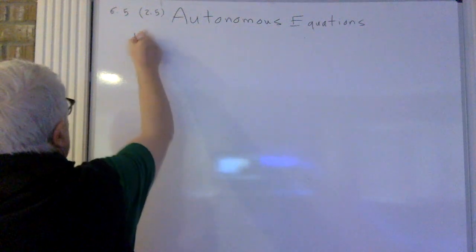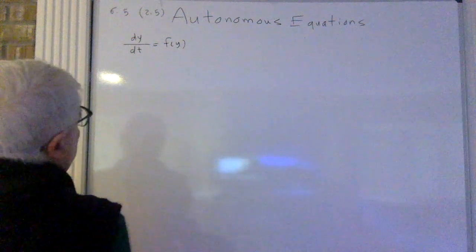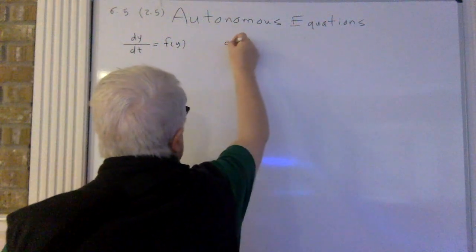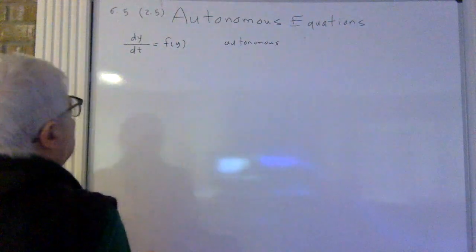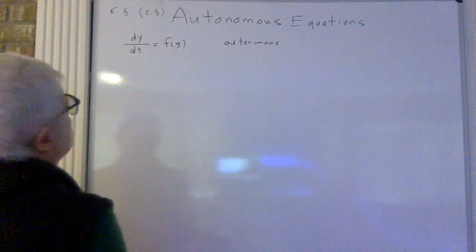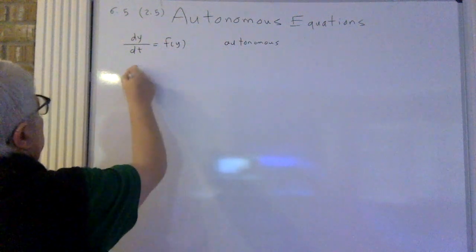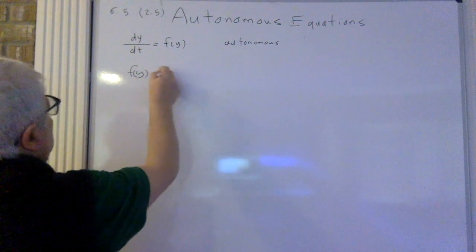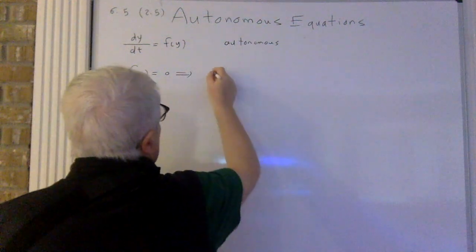So you have dy/dt equals f of y, that's autonomous. If I say f(y) equals 0, that gives me critical points.